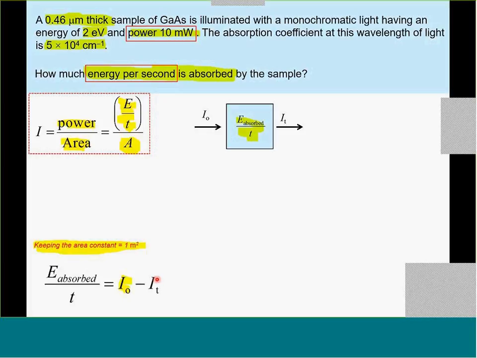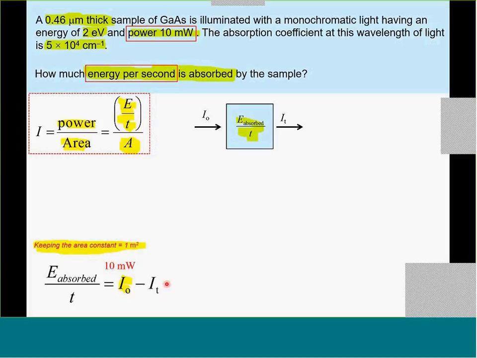Our incident is 10 milliwatt, because we keep the area 1 meter squared, so we can just use our 10 milliwatt straight away, minus our transmitted intensity.